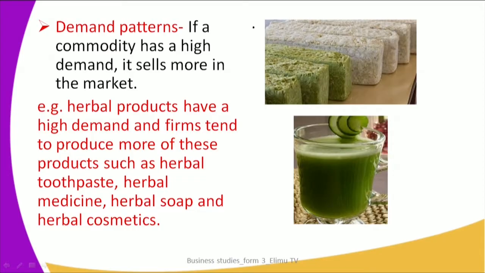So if a farm wants to venture into business, it is likely to produce more of these products, such as herbal toothpaste, herbal medicines, herbal soaps like Murubaini, and herbal cosmetics, because many consumers go for herbal products because of what they believe in. Some say that they don't have side effects.